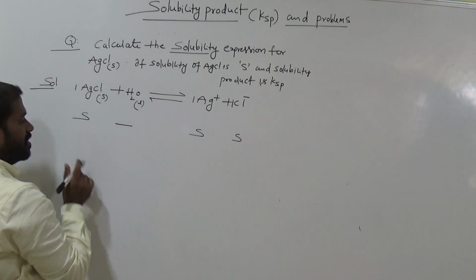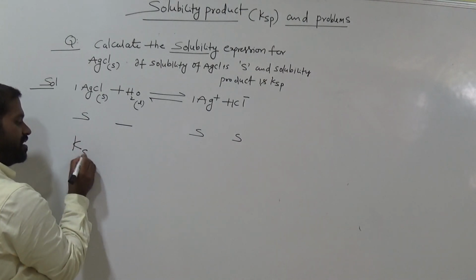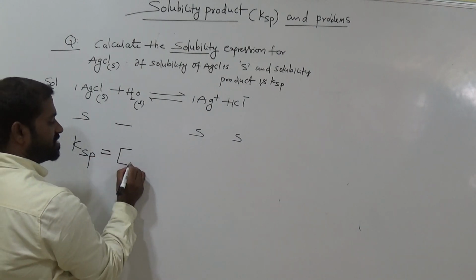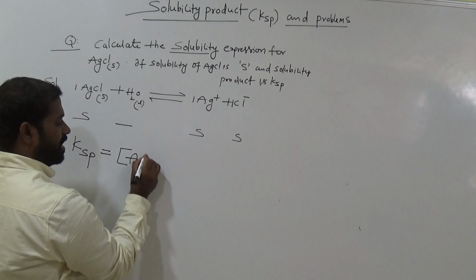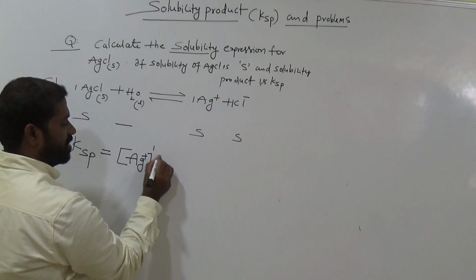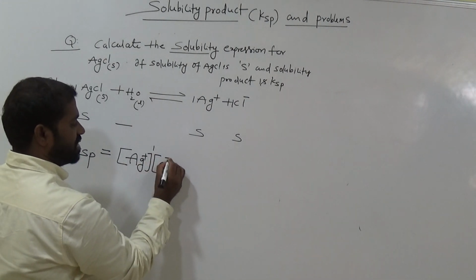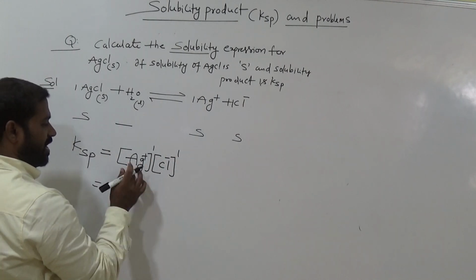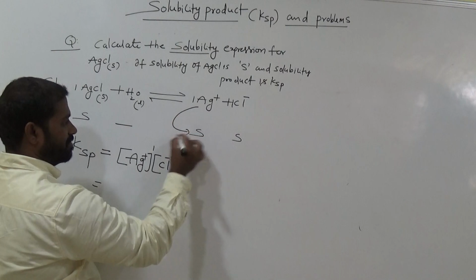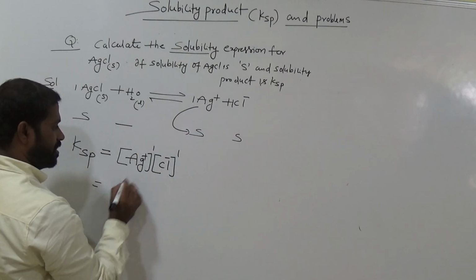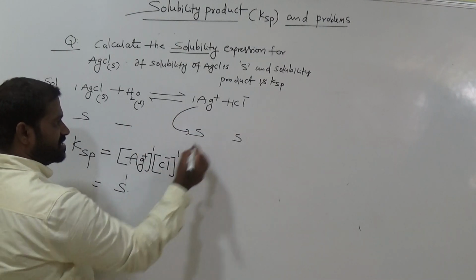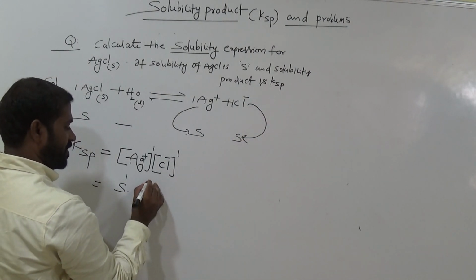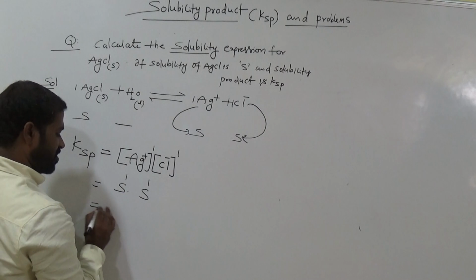Now write Ksp. Molar concentration of Ag plus to the power 1 into molar concentration of Cl minus to the power 1. Now what is the value of Ag plus concentration at equilibrium? S whole power 1 into Cl minus S whole power 1. S into S, how much?